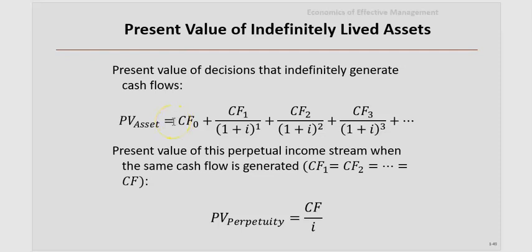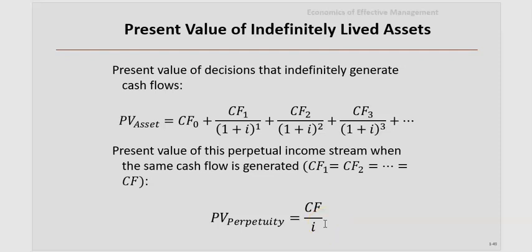If the cash flow is constant over time, and you think you might receive that cash flow in perpetuity, basically forever, then the present value of this perpetuity is simply CF divided by the interest rate.